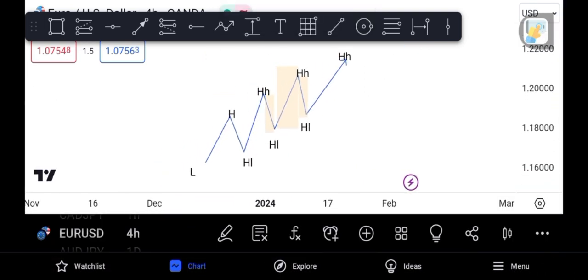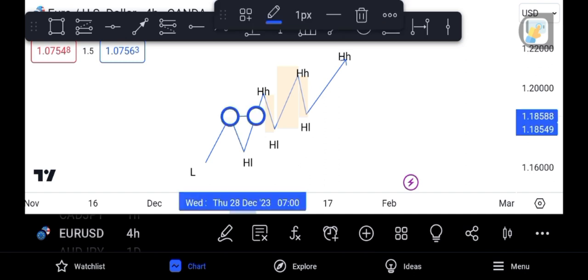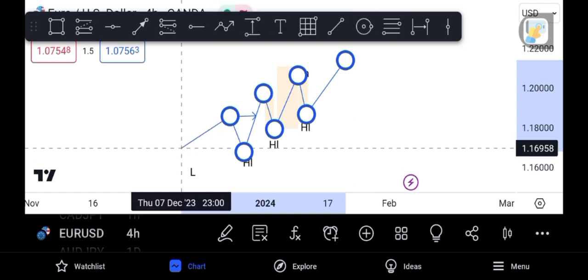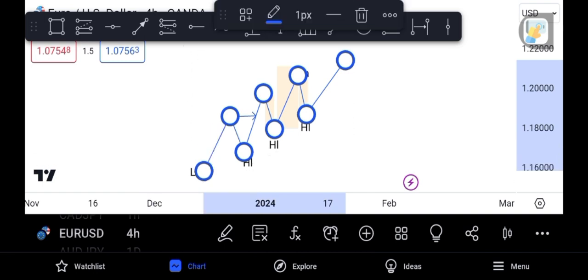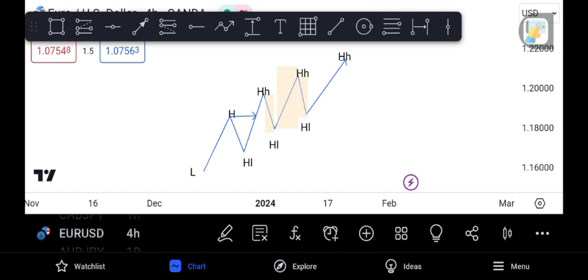The next characteristic of an uptrend is that we need to see a clear break of structure. For example, this market did an impulse move to the upside from this side, then it did a correctional move.